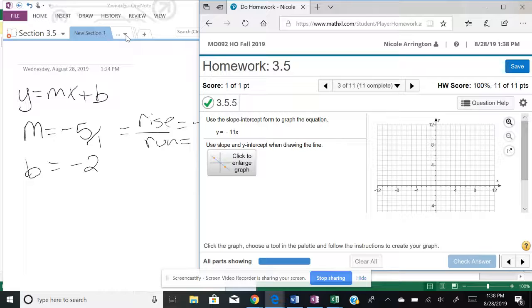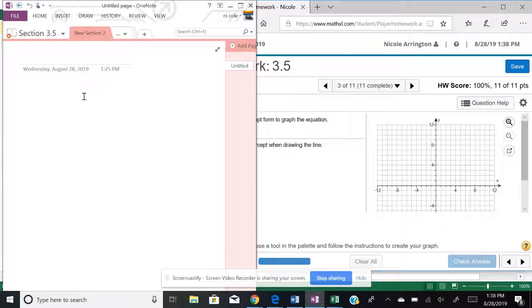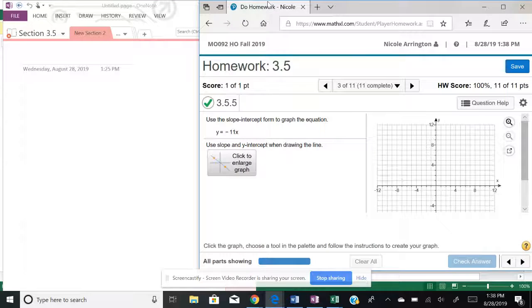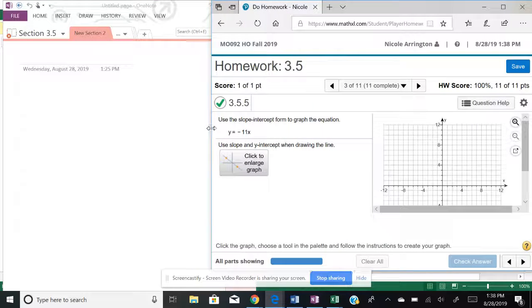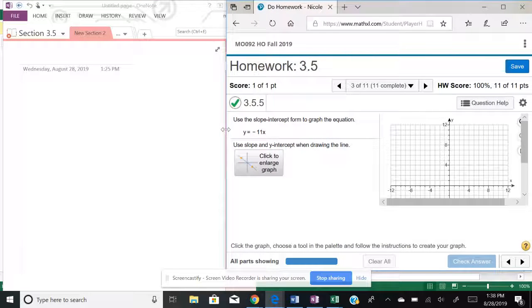What about this? Well, here we go. Let's see, can I make that a little bit smaller and still have my graph? Yes. Okay, so here I have the equation of my line, y is equal to negative 11x.